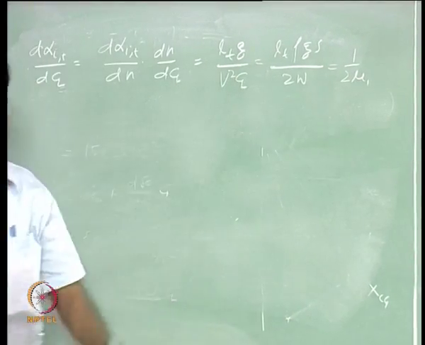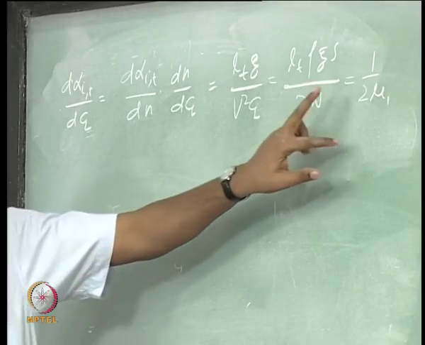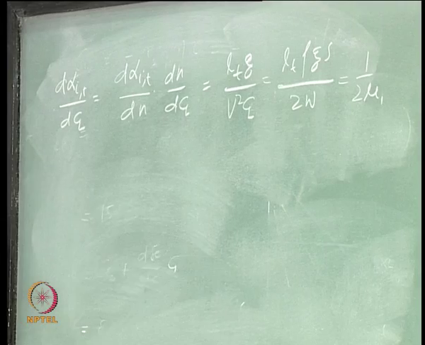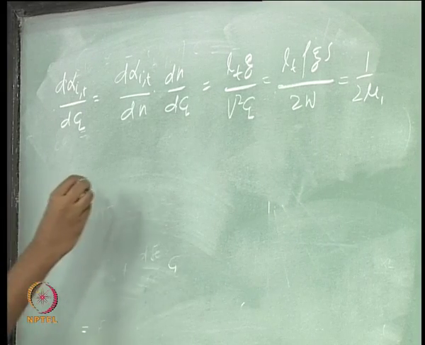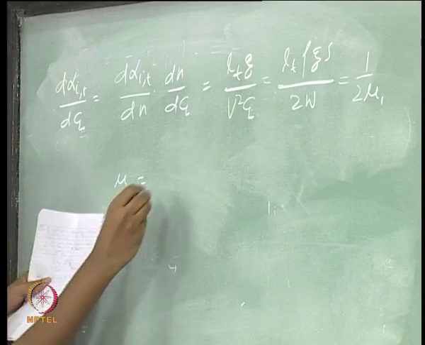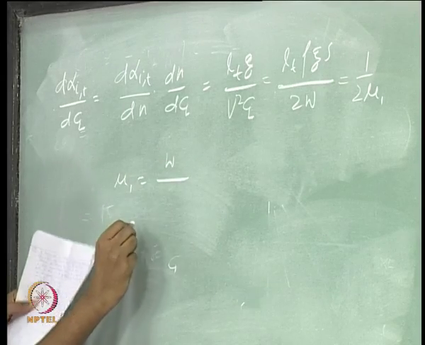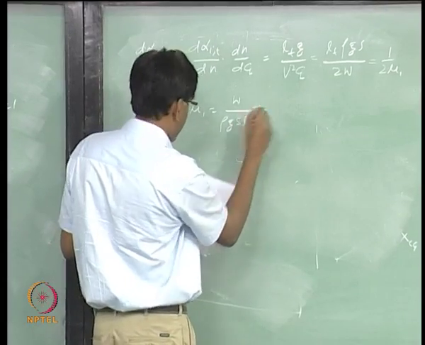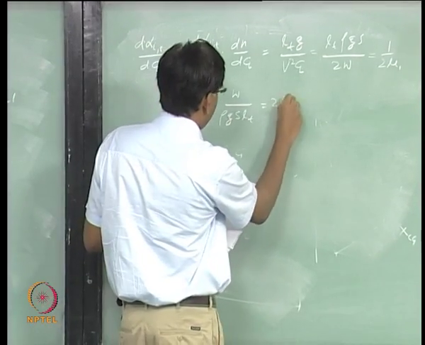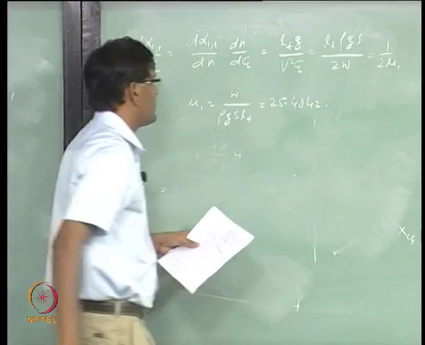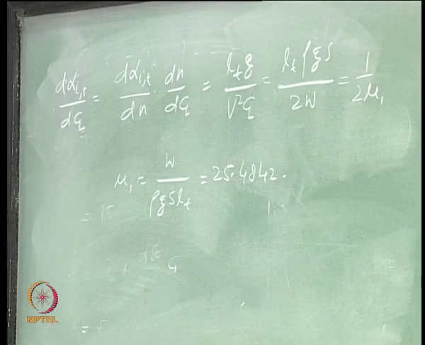Let us call this some density parameter. Okay, let us call this mu 1. So, mu 1 I can find out, and that is, right.